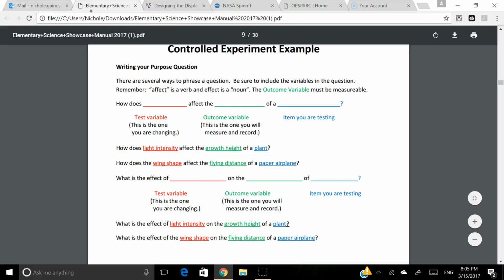And also these references become a source to come back to as they analyze their results and write their conclusion at the end. So again, at least three references the students need to have as they research, and be able to have those references noted in their documentation and on their presentation board.